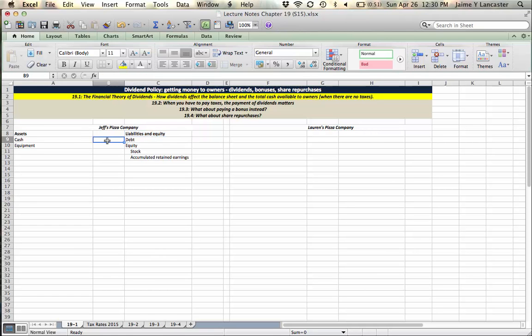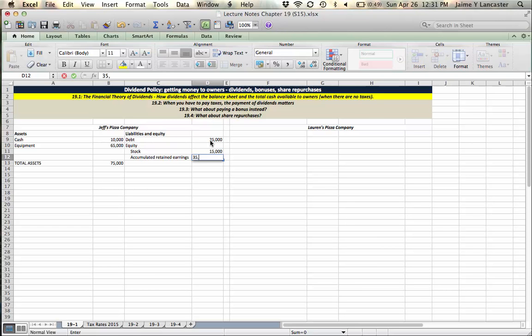So let's say that Jeff's firm has $10,000 in cash and $65,000 in equipment, and that's going to give him total assets of $75,000. And then let's say that Jeff's pizza company has $25,000 in debt. In terms of equity, he's got $15,000 in stock. He put in $15,000 to start the business.